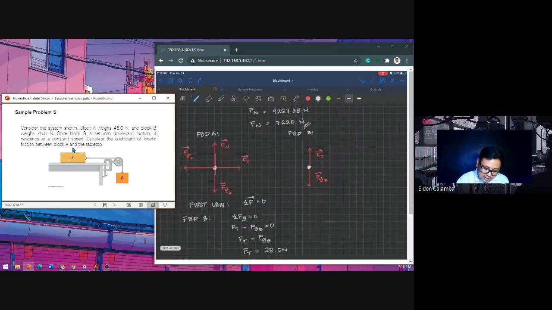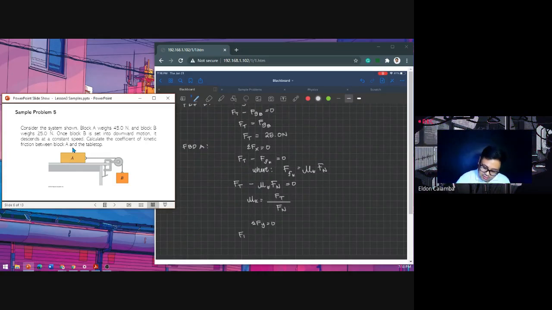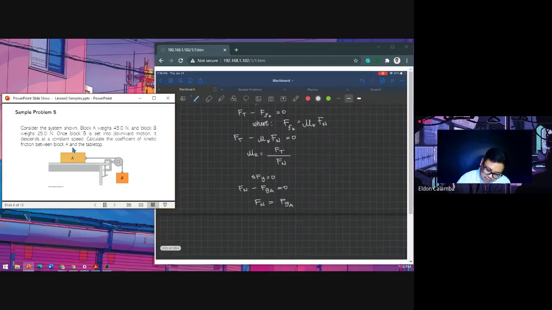I have the normal force going up, and then the weight, the pull of gravity going down. So, this is normal force minus FGA equal to 0. So, Fn is just equal to FGA. The normal force is just equal to the weight of block A, that is 45 newtons.